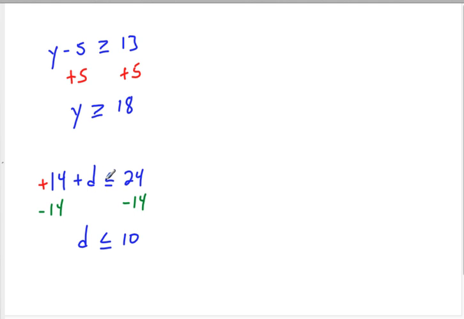Another way you can think about this is that 14 plus d is the same as d plus 14. And I'll write it like this, right? Easy way to test that theory is to say, well, 14 plus 3 is 17. Well, 3 plus 14 is also 17. And so rather than freaking out about having this number in front here, you can just switch them around, make it look like that instead.